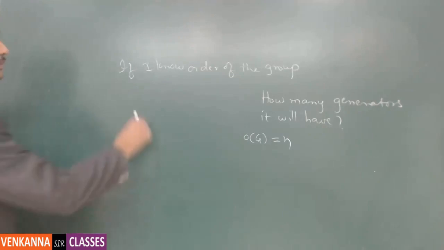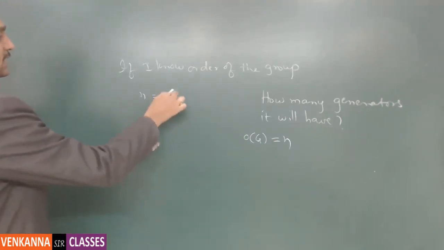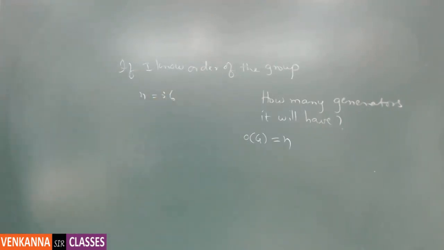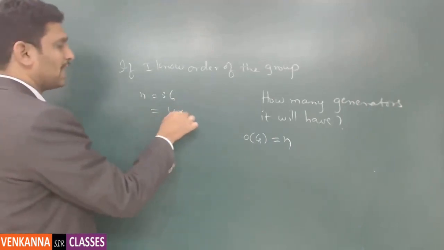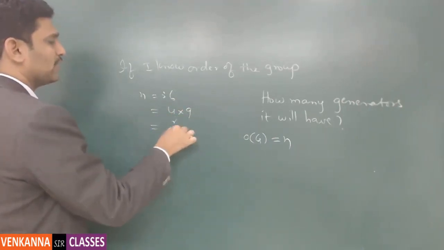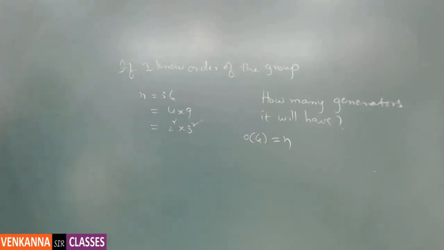Let me say n is equal to 36. You can write it as 4 into 9, nothing but 2 square into 3 square. This is the prime factorization. Accepted? So for every positive number, you can write the prime factorization.